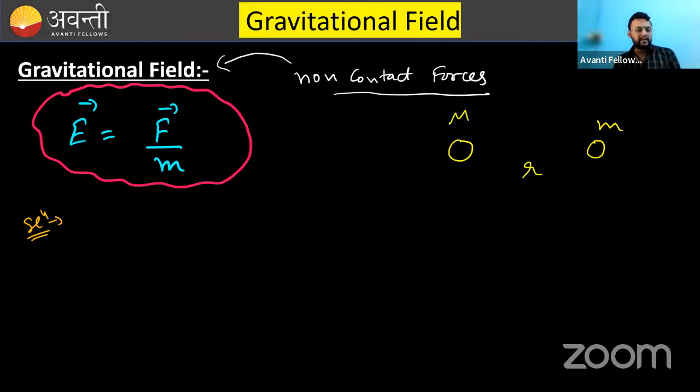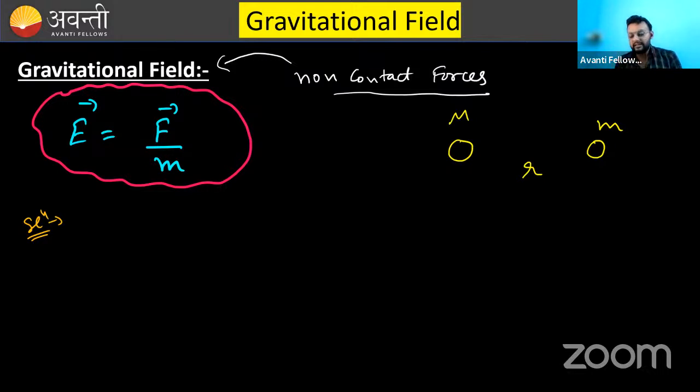So field theory says that any mass placed creates an environment in its surroundings. Anything which comes into that environment will be attracted towards the mass.